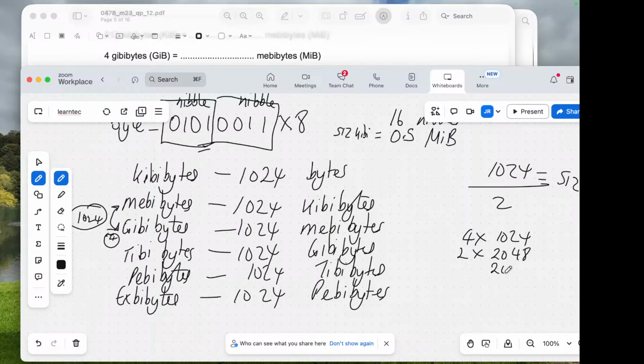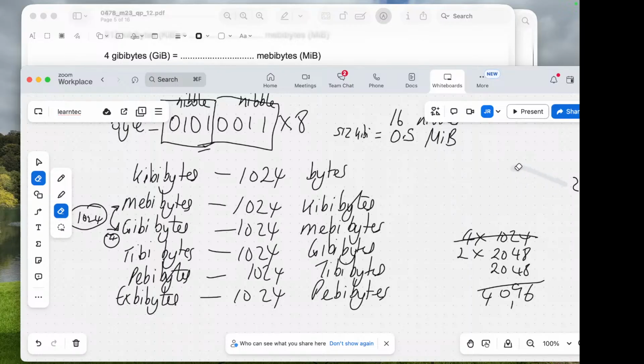So 2048 plus 2048 is 4096. So 4 GB equals 4096 MiB.